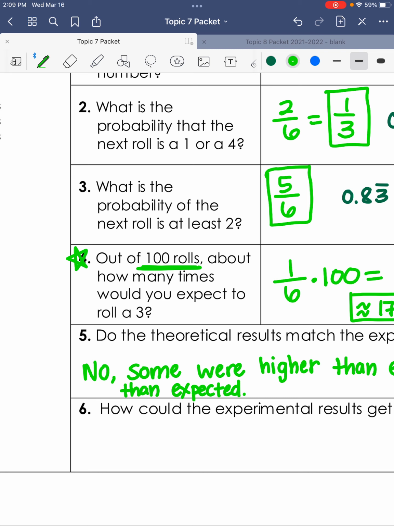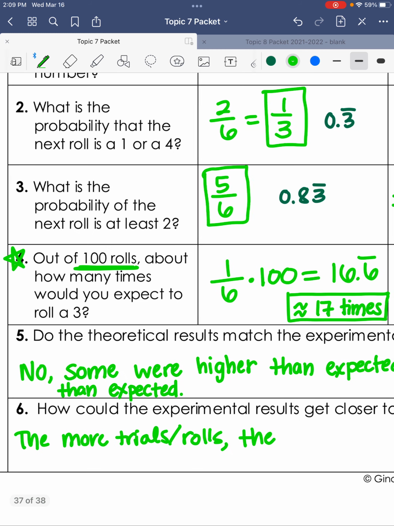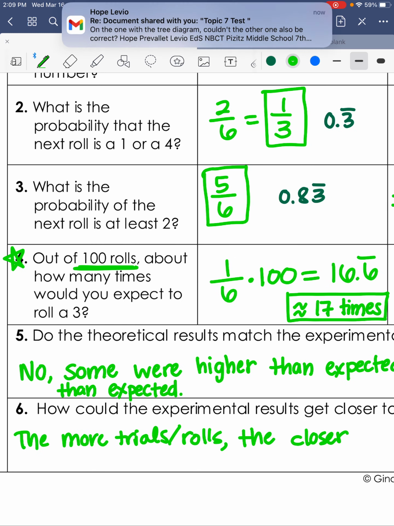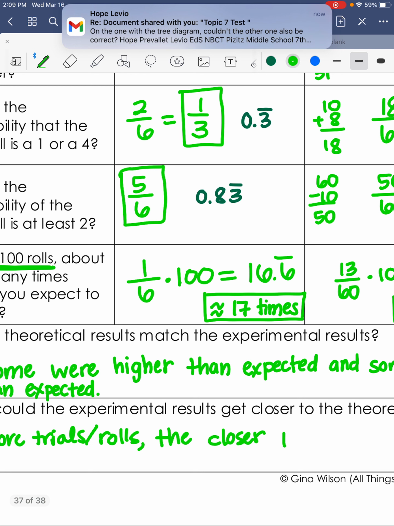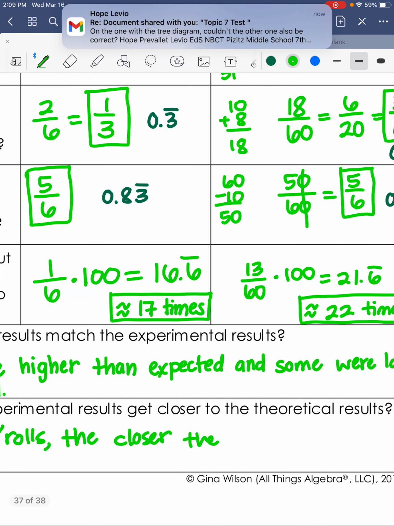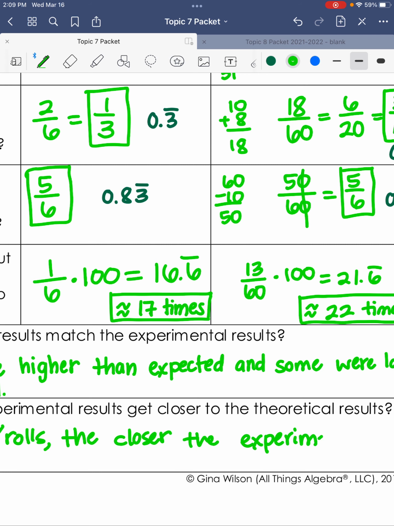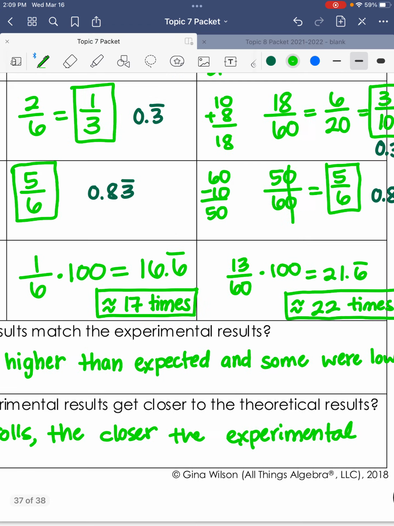So the more trials or rolls, the closer the experimental probability will be to the theoretical.